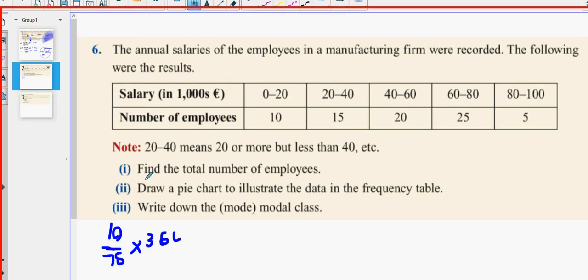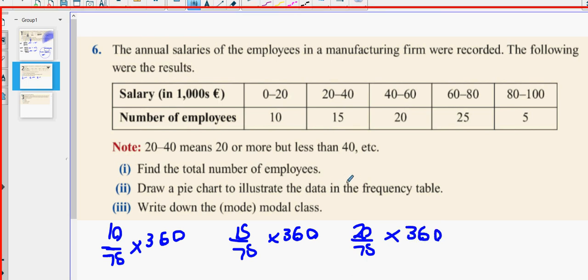We're going to do 15 over 75 multiplied by 360. 20 over 75 multiplied by 360. Then we're going to do 25 over 75 multiplied by 360. And then we're also going to do 5 over 75 multiplied by 360.